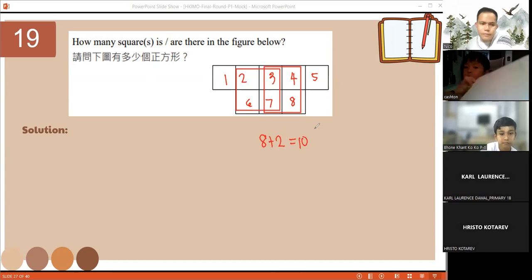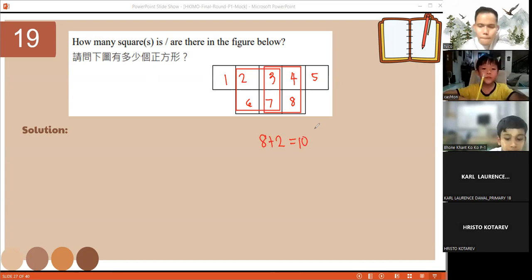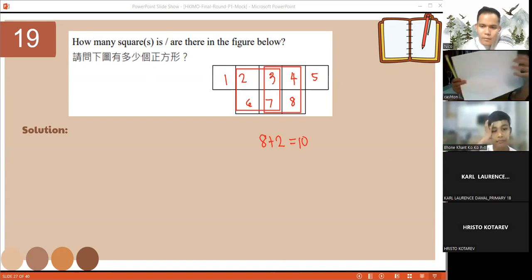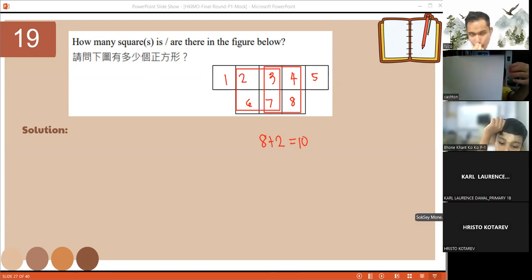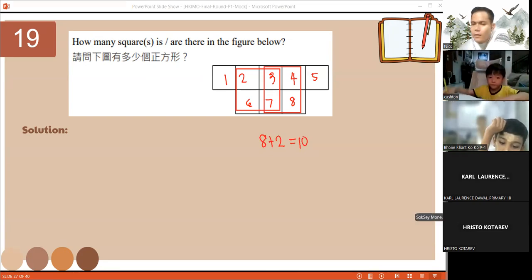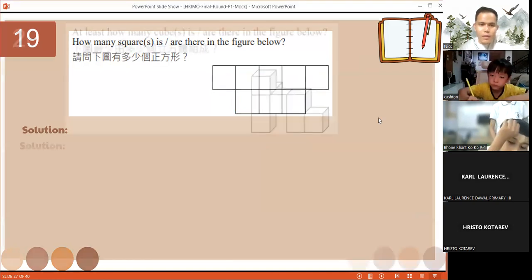What number is it? I forgot what number this one is. Okay, so let's browse. Is this number 20?